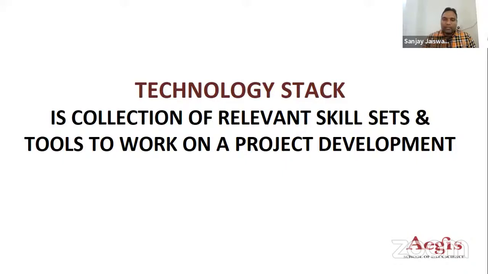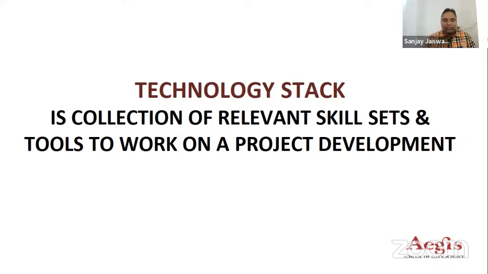To develop or work on a project, there are different aspects of a project. One project might contain different stages of development, and then we need the relevant skill set. A project is not a thing that is developed single-handedly.